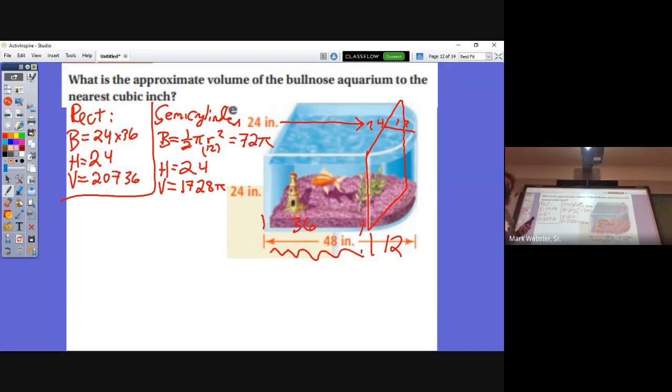And then from here, it's just a matter of adding it all together. Part plus part equals whole. I'm still trying to calculate this. Oh, okay, cool.